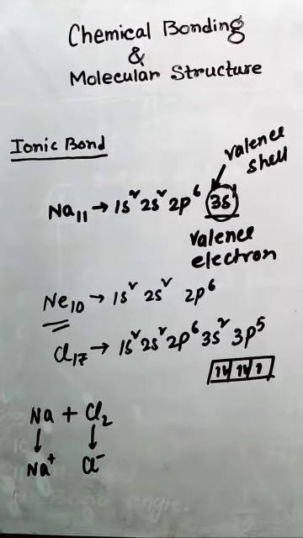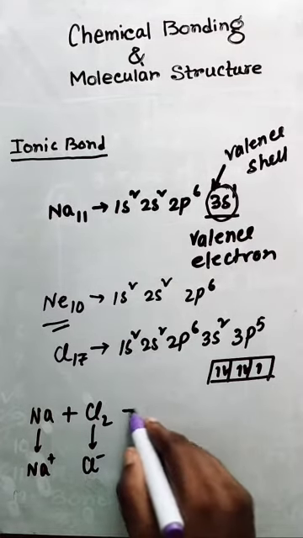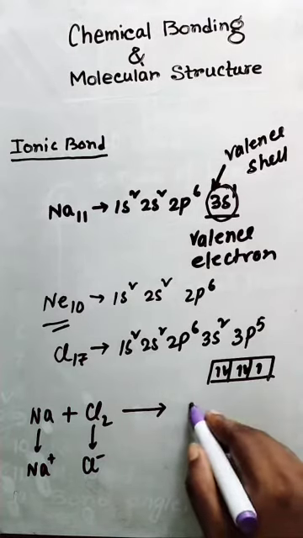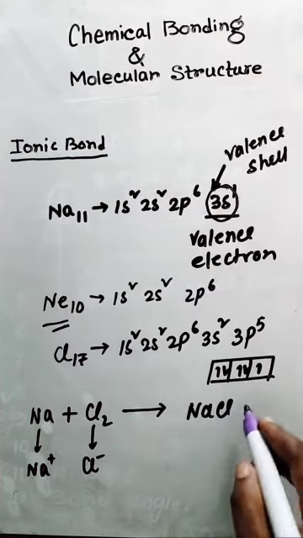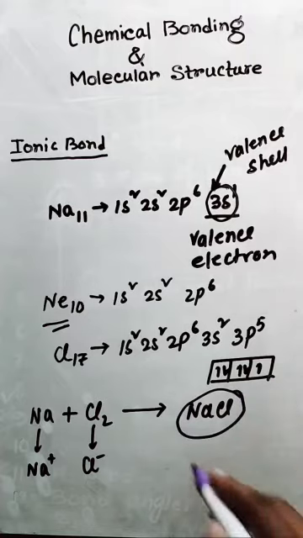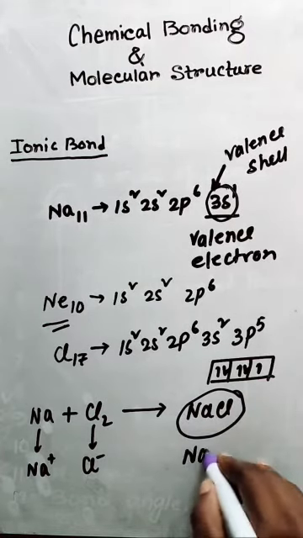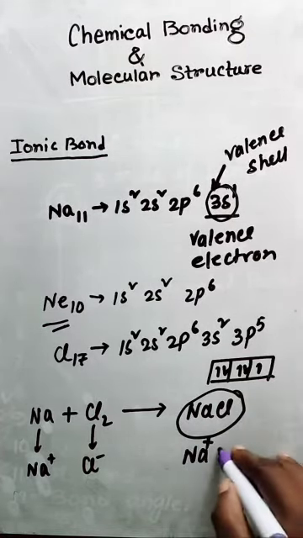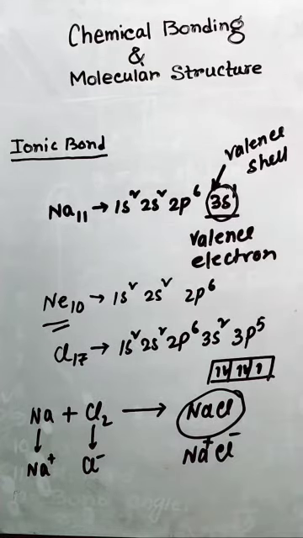So when sodium reacts with chlorine, ions with opposite electric charge are formed during the chemical reaction, and after this it produces NaCl, and in this compound sodium is present as Na plus and chlorine is present as Cl minus. These oppositely charged ions are held together by a Coulombic force.